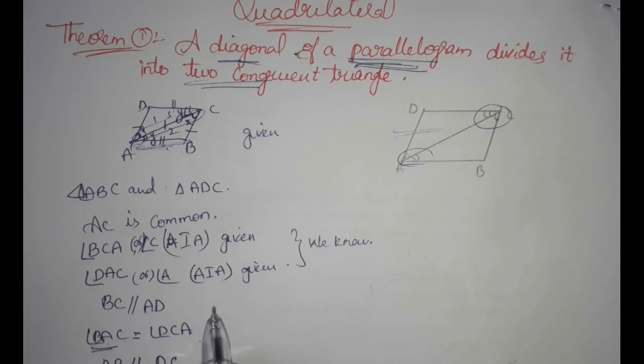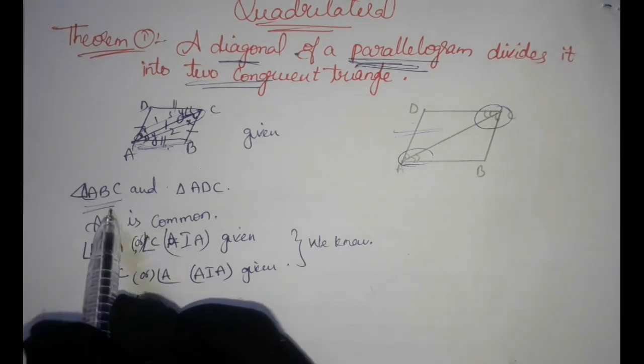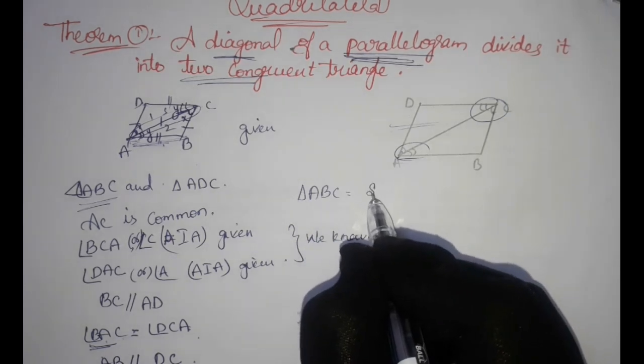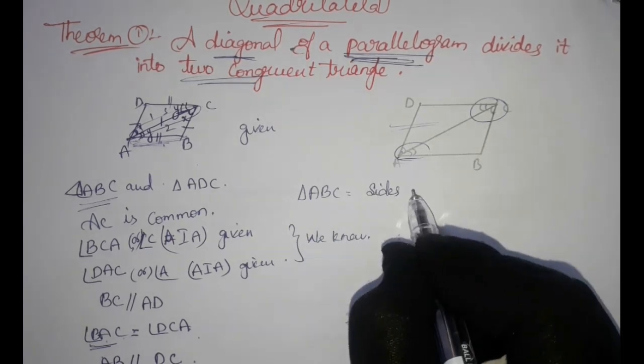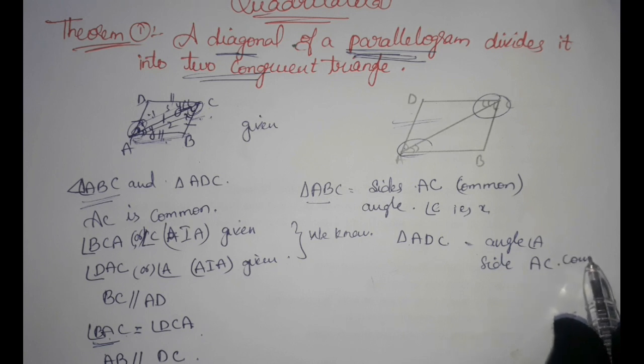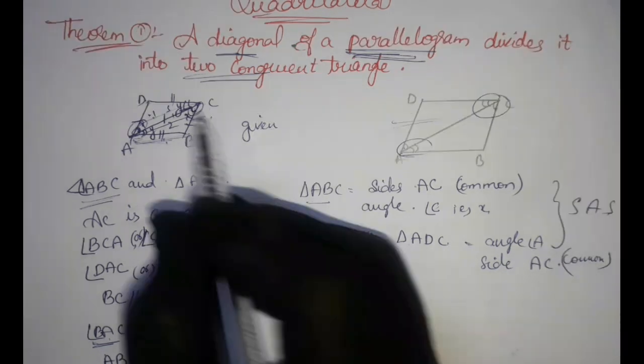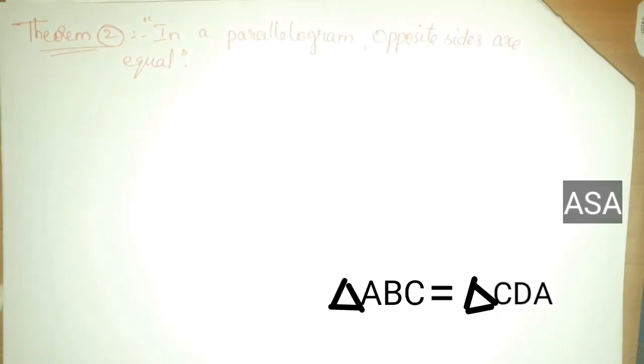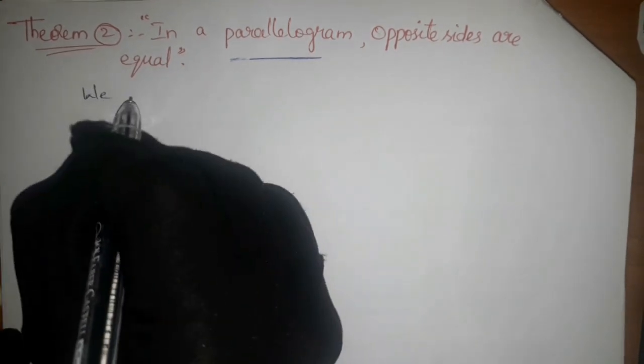We can say by congruency triangle criteria, here in two triangles, side common means one side and the two angles on either side of AC. It means two triangles are congruent by ASA criteria, that is triangle ABC congruent to triangle CDA by ASA.